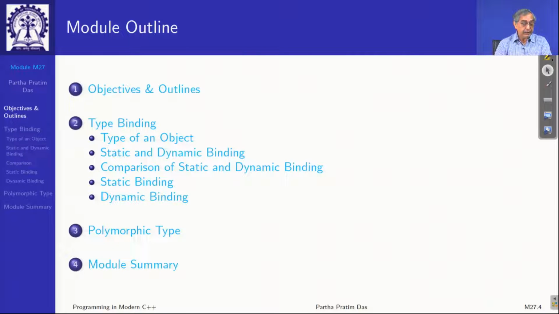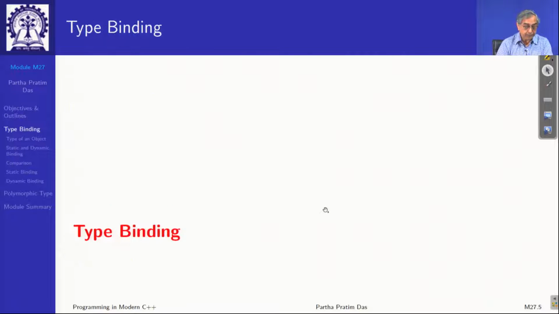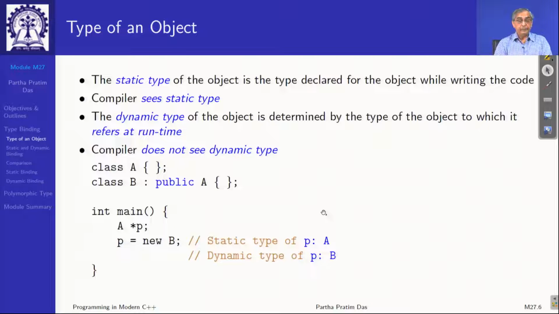This is the outline, as will be available on the left. So, first we talk about type binding. And this will be a little bit of new stuff for you all, because in C we talk primarily of static type.